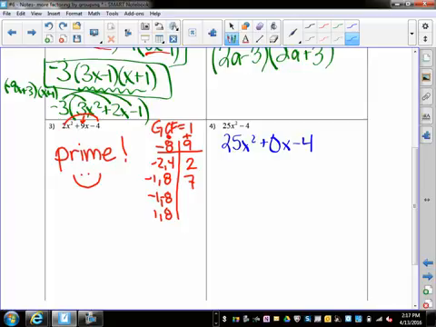Alright, so you have x squared, where can you pull the other x from? 0. Because, Jordy, what I'm missing is that middle term that has the x. So, what's 0 times x? 0. And what's 0 minus 4, which is the negative?